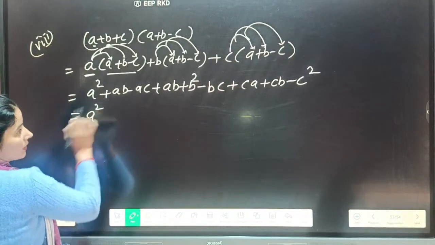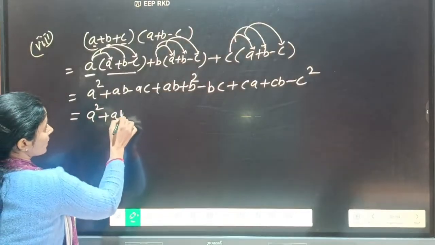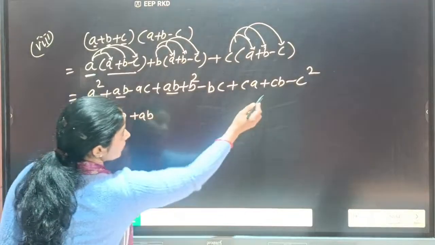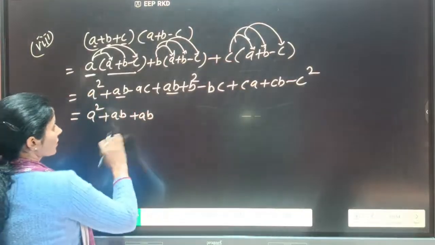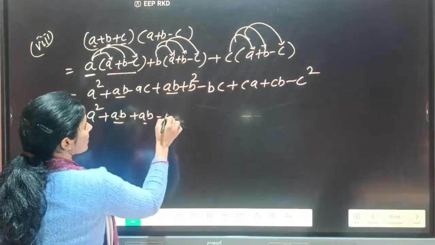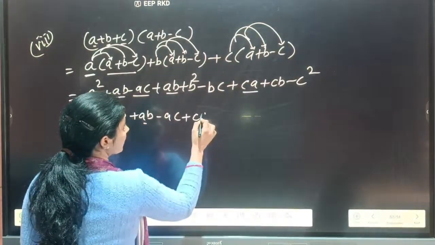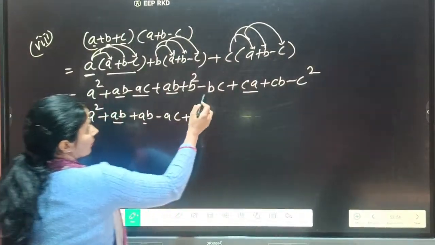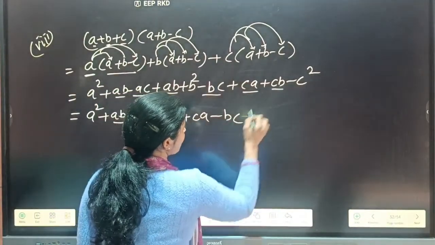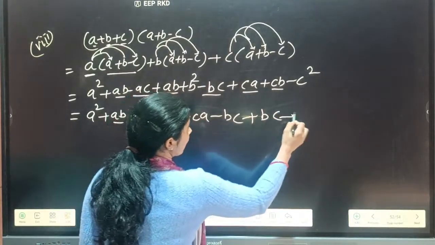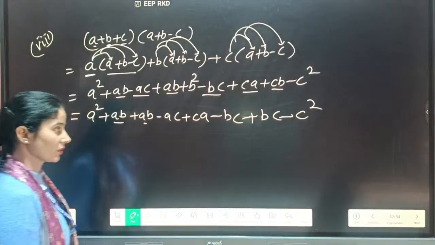A square will be as it is, plus ab. Try to find out more ab's. There is no other term which is similar to this. Minus ac. Is there any other term? Plus ca, and minus bc, and this is plus bc or cb. Same thing. Minus c square will be as it is.